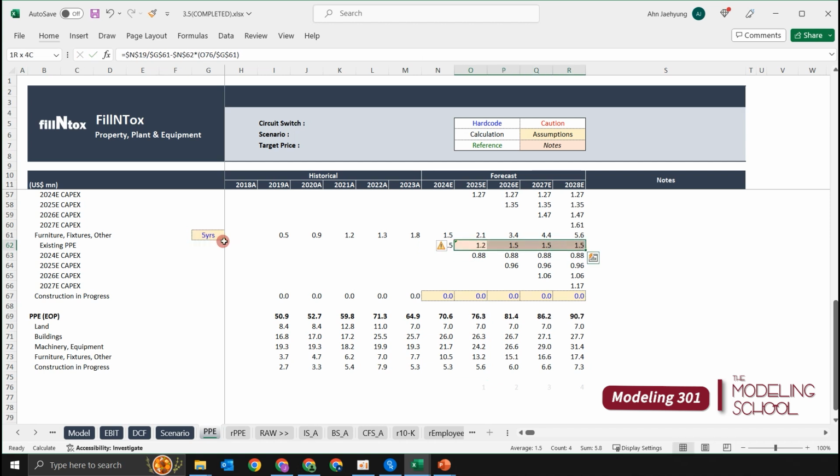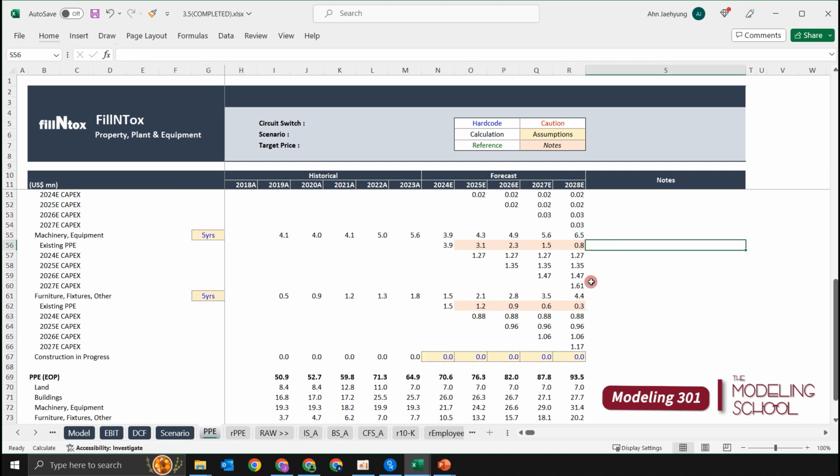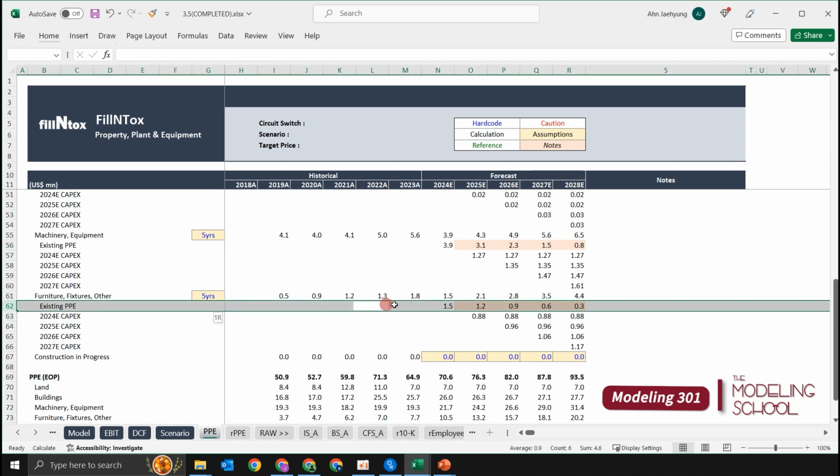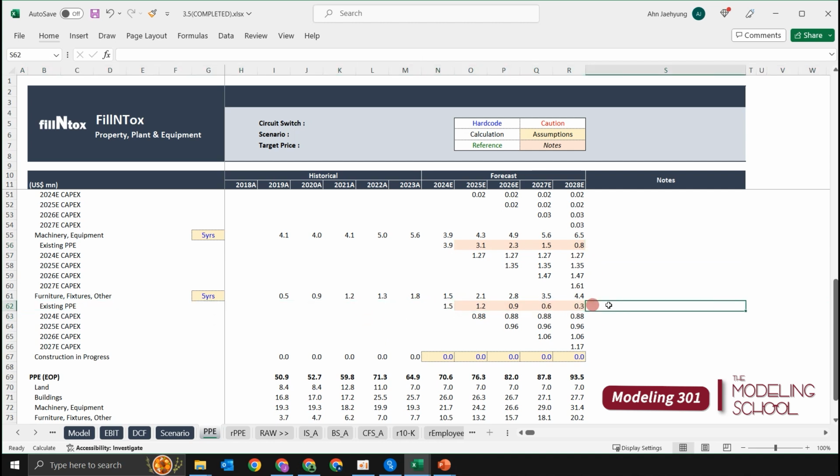And we're going to make it slowly decline. And eventually in 2029, since the useful life is 5 years, if we had 2029, existing PPE as of 2024 would be fully depreciated, and now it would equal 0.